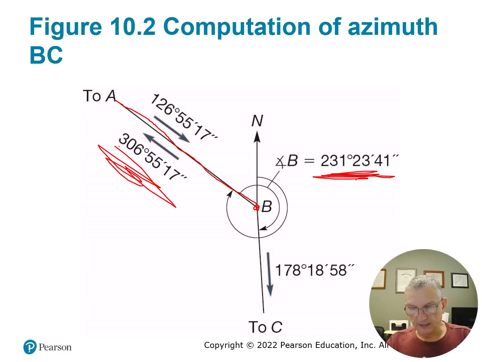That comes out to 538 degrees. So right there we just want to stop and take 360 off, because once you rotate past the north arrow, you take 360 off. And you come up with 178 degrees, 18 minutes, 58 seconds. That is the azimuth from B to C. It is no more complicated than that.